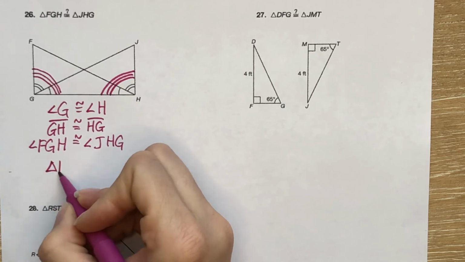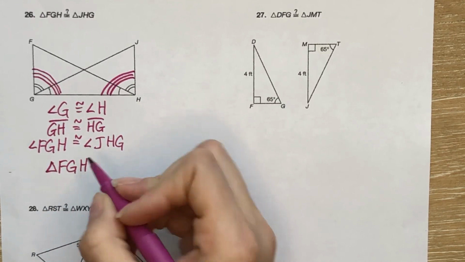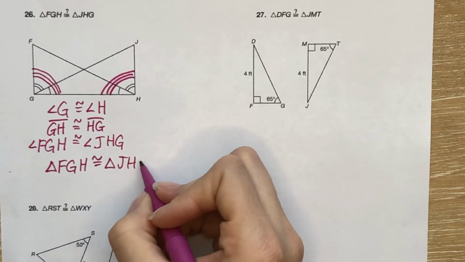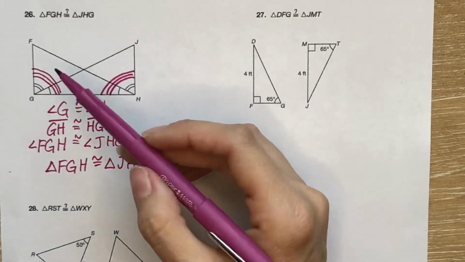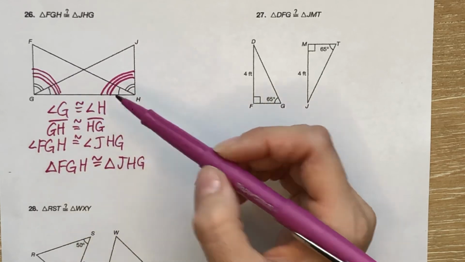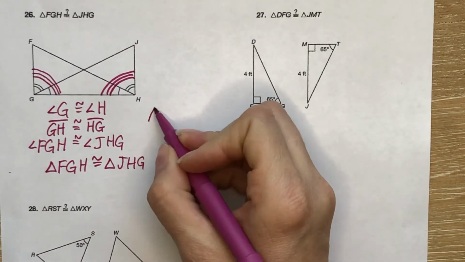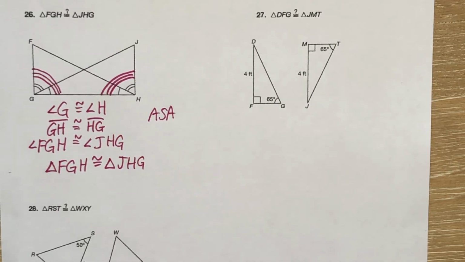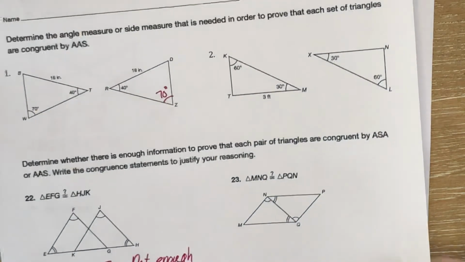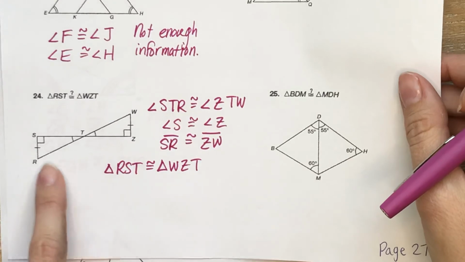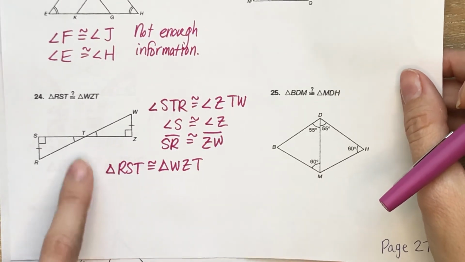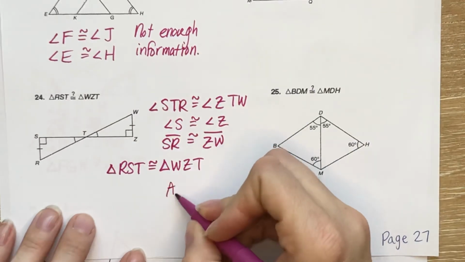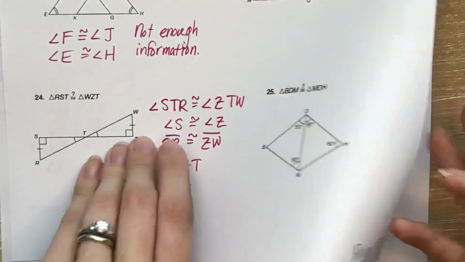So these two triangles are congruent. Okay, and the congruence that we used was angle, side, angle. Okay, I think I forgot on the last one to say how we knew it was congruent. This was angle, angle, side.